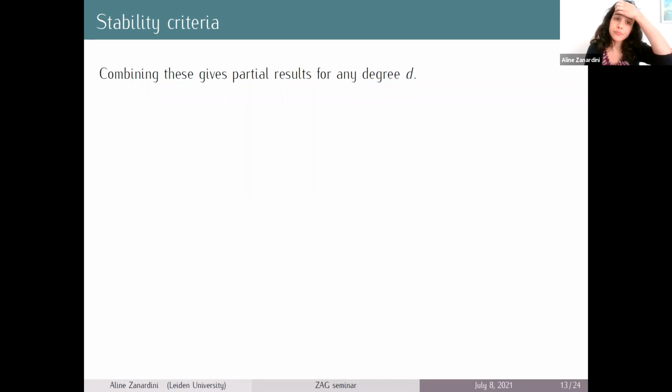So now I'll present the stability criteria, and perhaps it's not going to be very instructive, but later I would like to show you some concrete examples and applications of these criteria.